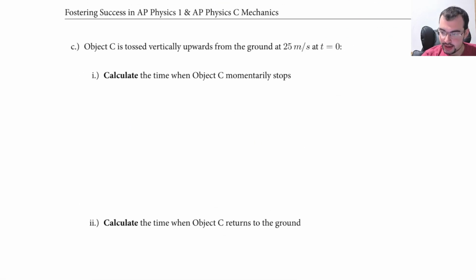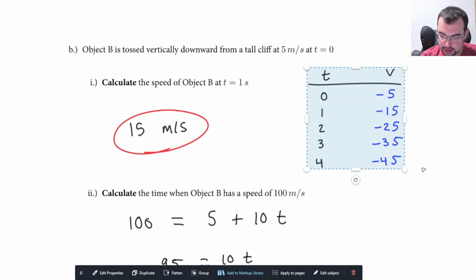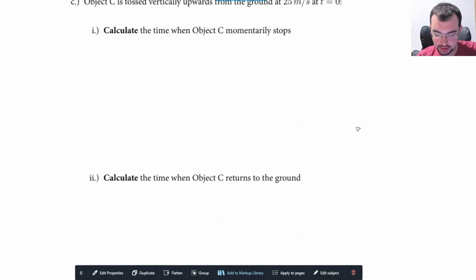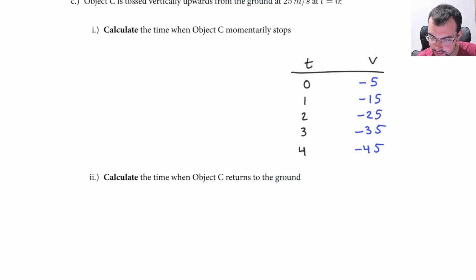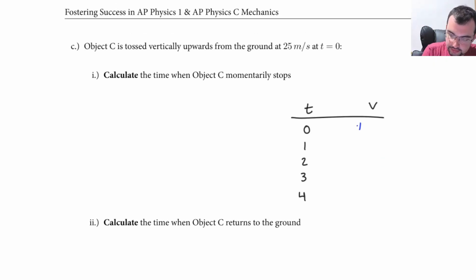All right, and then the last case is we toss the object vertically upwards at 25 meters per second at t equals 0. So going up at 25, so gravity will be slowing this object down initially. So add negative 10, add negative 10, add negative 10, and so on.